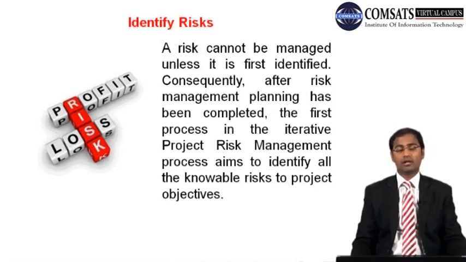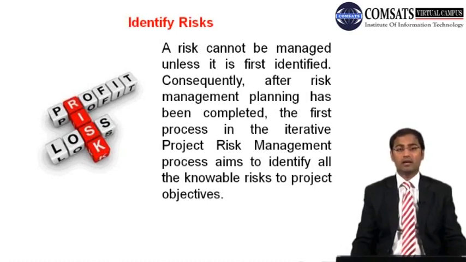If you are in the construction industry and people there have identified a list of 1,000 risks, then you have to find out which risks are related to your particular project. Those may be 20 or 100 or 200, but not 1,000. So you are not going for all the possible risks; you are going for all the knowable risks. You are choosing between those.